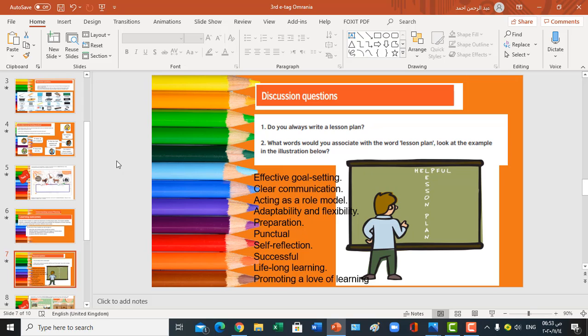S for self-reflection. He should reflect on what he has done to develop his performance. He could listen to others' notes about his performance in class, invite some of his colleagues to attend his lesson, and exchange ideas and notions about his performance and how to develop it.